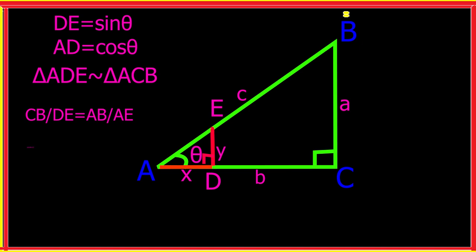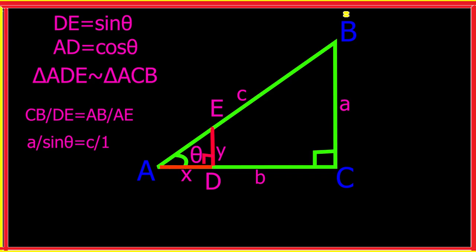Side CB is A, that is given. Side DE is sine theta, from the previous definition using the unit circle, and AB is C, that's given, and AE is the radius of the unit circle that we constructed, that is 1.